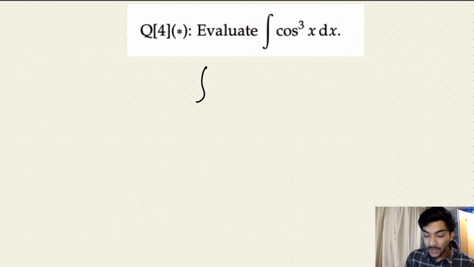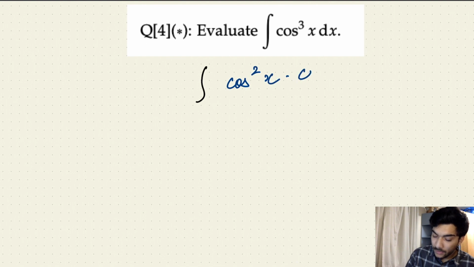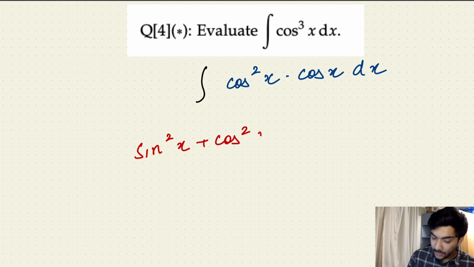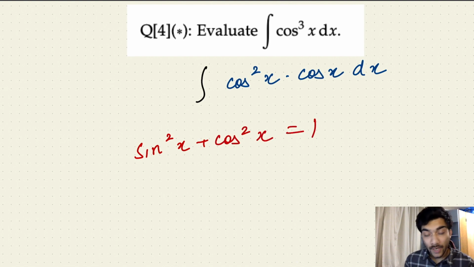So cos³ x dx can be simply written as cos² x cos x dx, right? And we know one more identity about sin² x and cos² x, that sin² x plus cos² x equals 1, right?